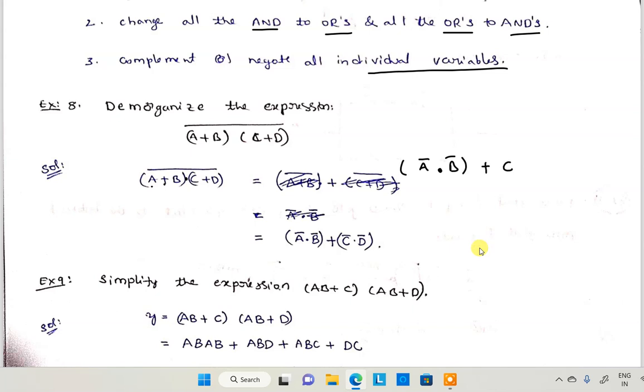Next, C becomes C bar, and the plus sign is there, that converts into dot, that is a multiplication, D bar. What is the final? A bar B plus C bar D, that is the De Morganization. This particular equation is the same as the original equation while you are applying the De Morgan's theorem.